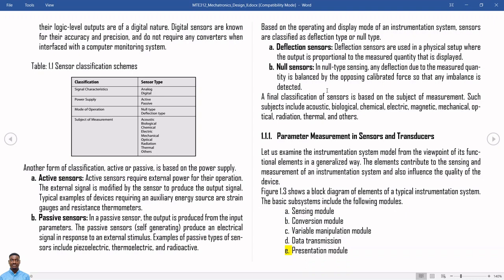How much opposing force was used to turn it to zero? That opposing force is now the measured value of whatever it is that you have used your null sensor to measure.